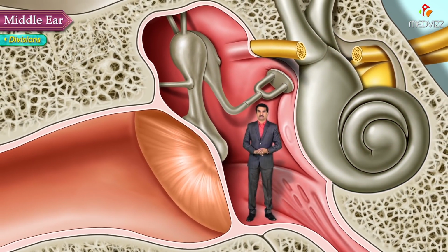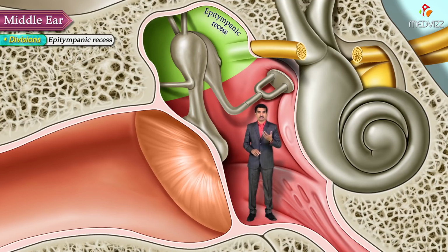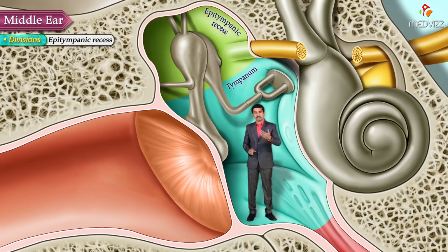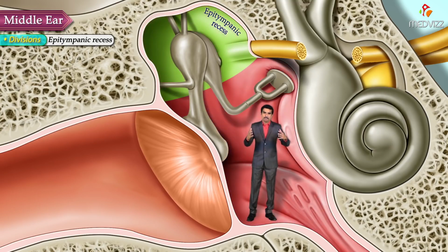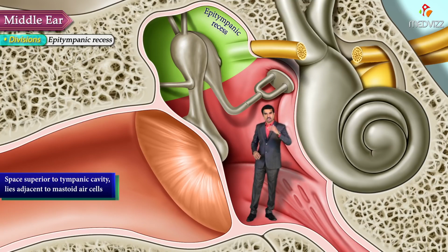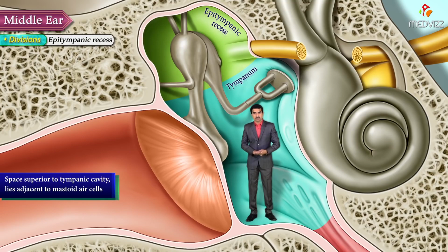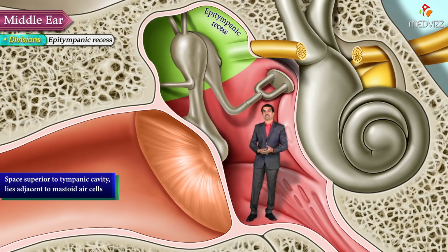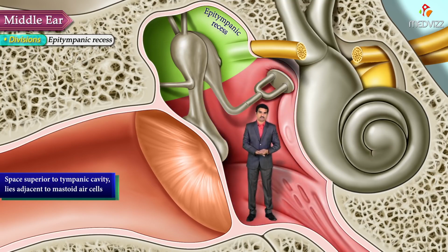Now let us talk about the epitympanic recess, which is the other division of the tympanic cavity, right? One is the tympanum and the second one is the epitympanic recess. The epitympanic recess is a space located superior to the tympanic cavity and lying adjacent to the mastoid air cells.